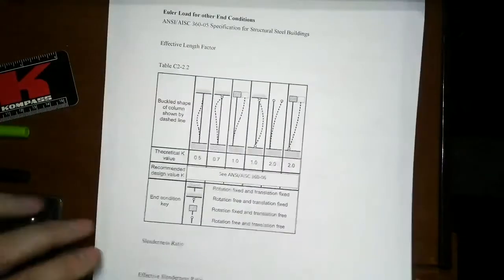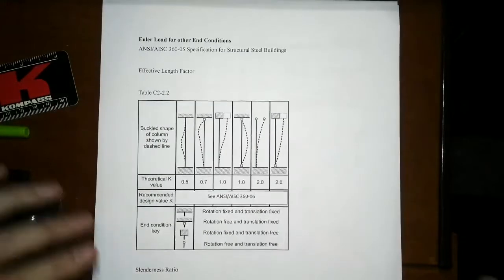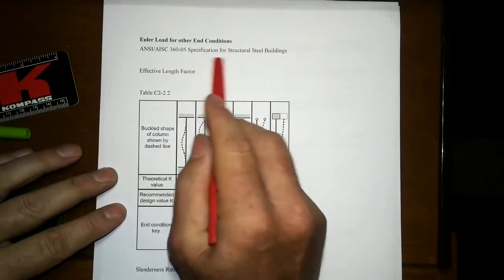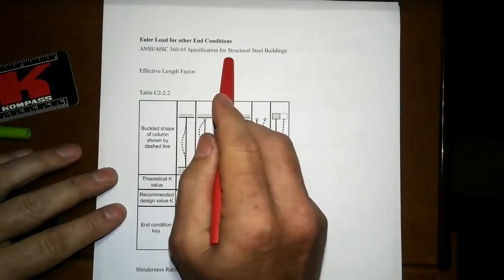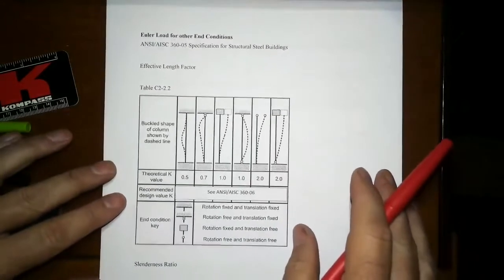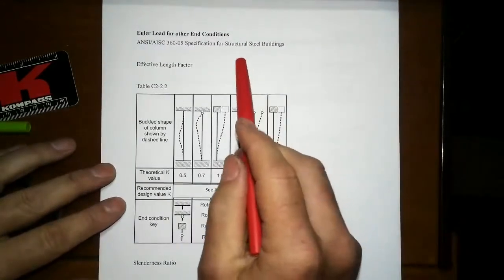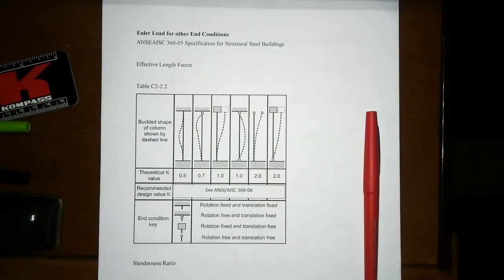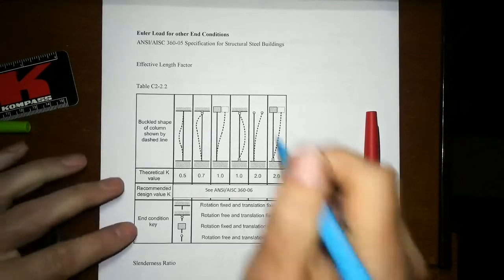So let's take a look here specifically at content that's included for us in the design specification for structural steel buildings. It's a very helpful model that's been around for many decades, and although it is changing in how we set it up in the design code, the basic understanding is a really good one.